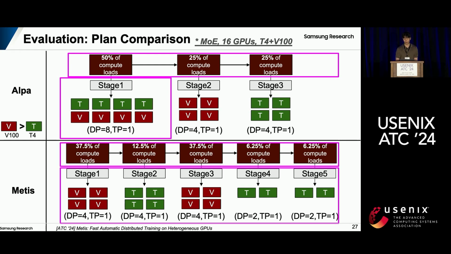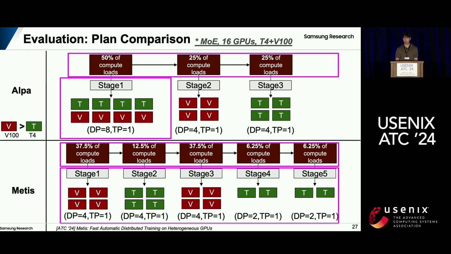As a result, the V100 GPUs, which have higher computing power than T4, sit idle waiting for the T4 GPUs for gradient computation. In contrast, Metis creates device groups, each of which consists of homogeneous GPUs, and balances the load across stages by being aware of the heterogeneous computing power.